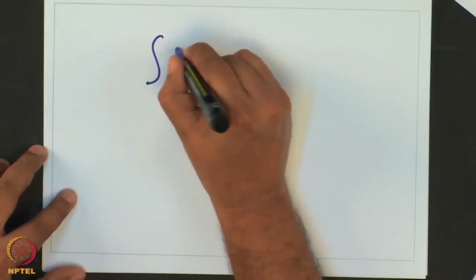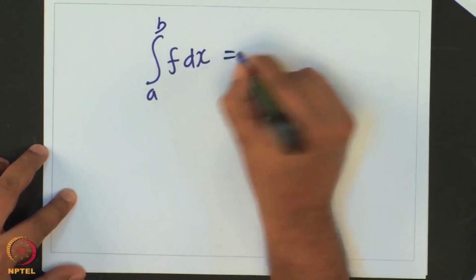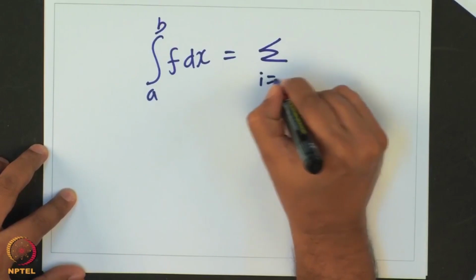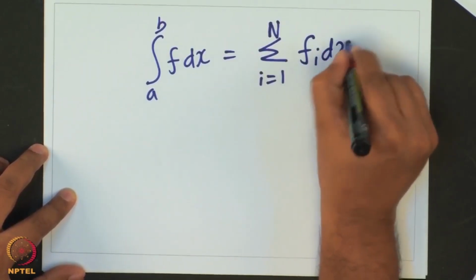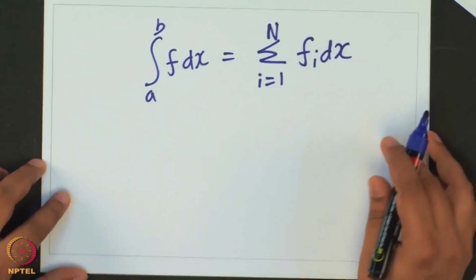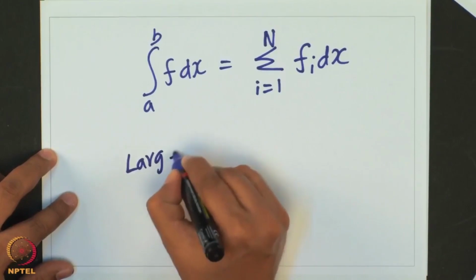But the bottom line is that the integral of f of x dx from a to b can be written as the sum over i equal to 1 to n of fi dxi, and the larger the n, the better.